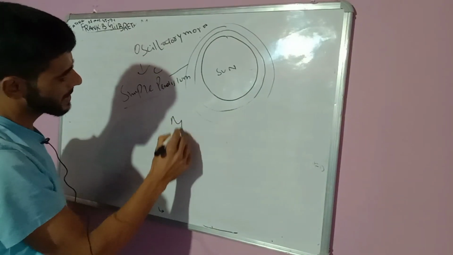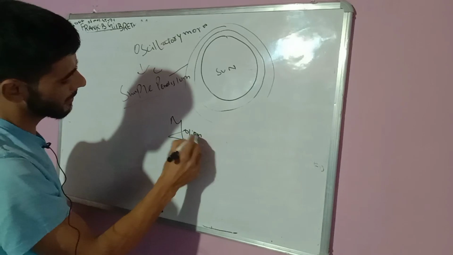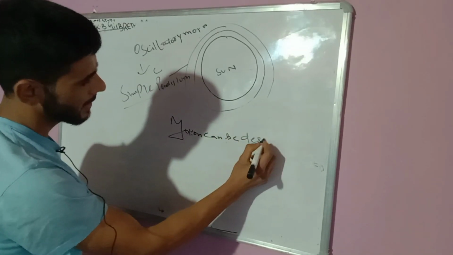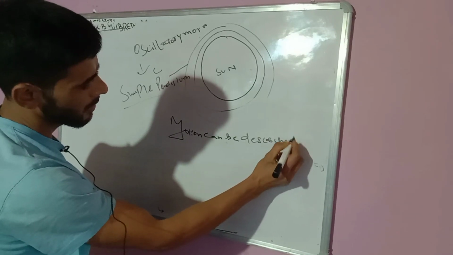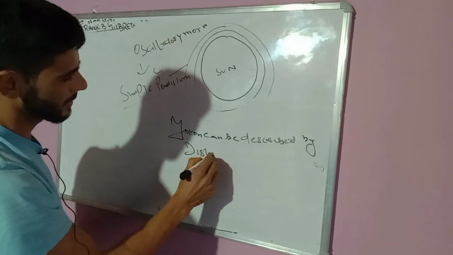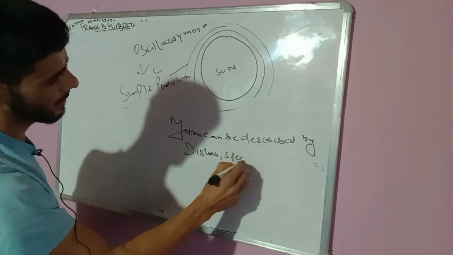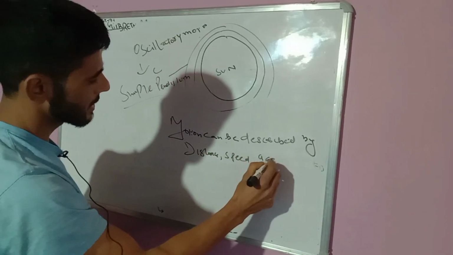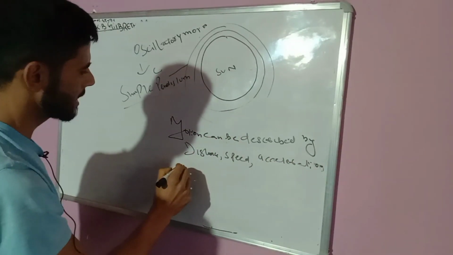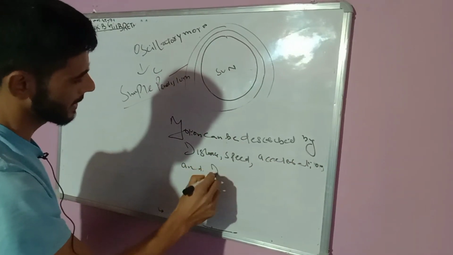A motion can be described by distance, speed, acceleration, and displacement.